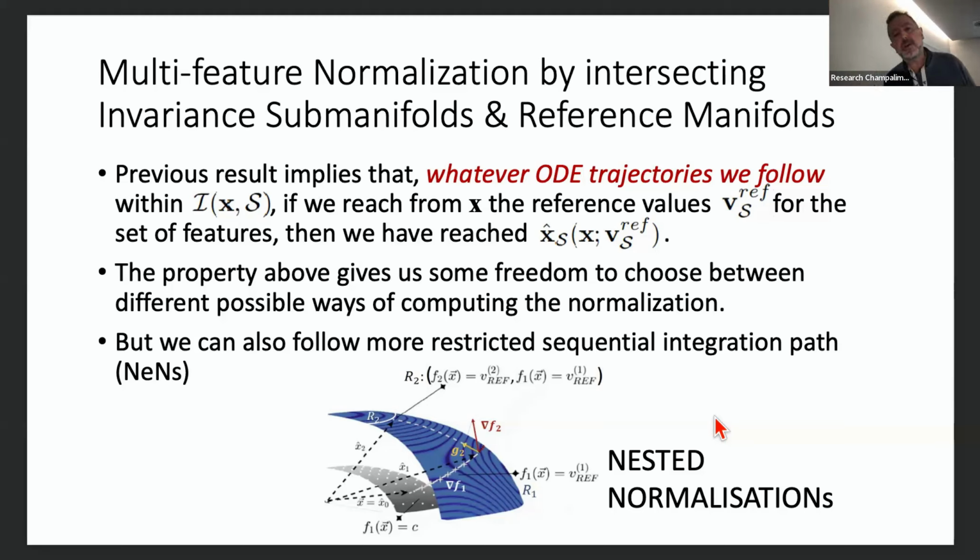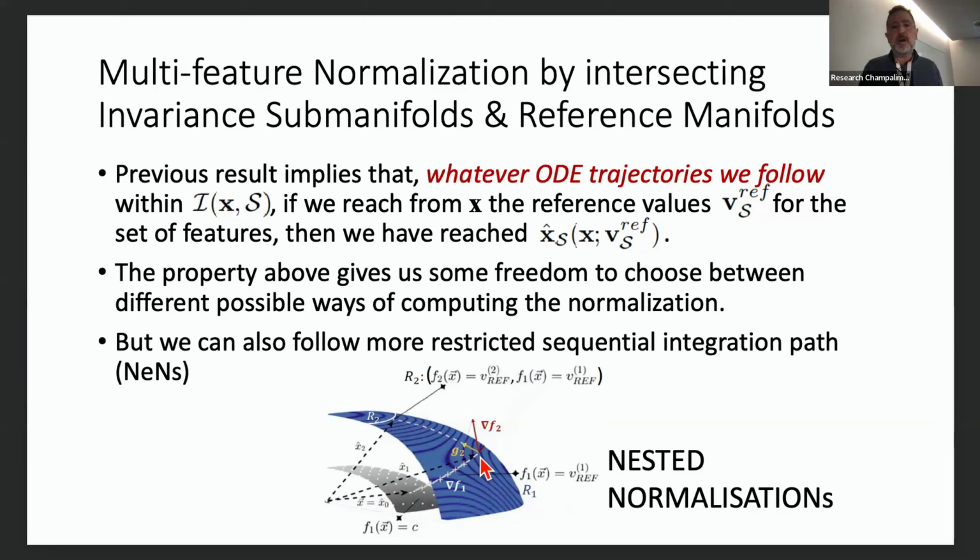But we can also follow a more restricted sequential integration path that we call nested normalizations. That is a very simple, very constrained path where you follow one gradient every time. You follow the gradient of feature 1 until you arrive at the reference value for F1.